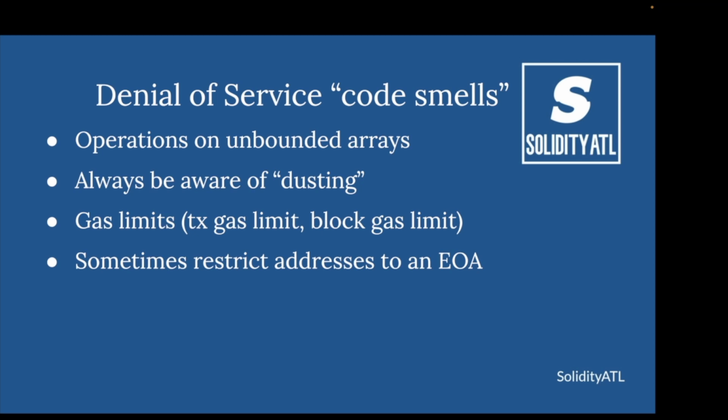So if someone was trying to liquidate that attacker's bad debt, they would front run it and open a new position with one wei, so that whenever that liquidation tried to run, it would revert because there was still an open order. So that is an example of something called dusting, where someone is using a very small amount of a token or native ETH to deny some functionality of a contract.